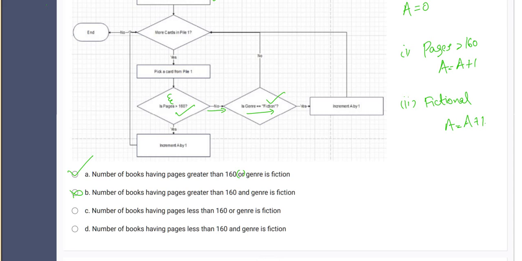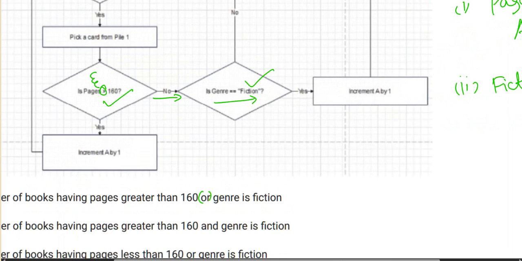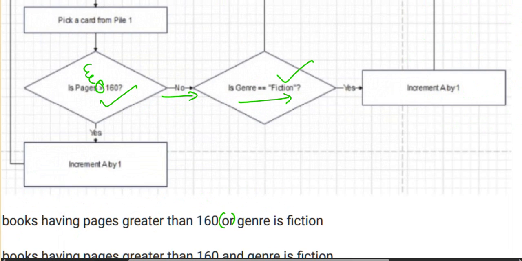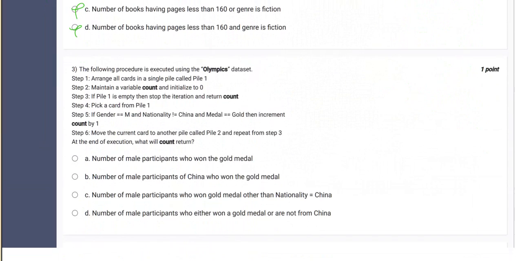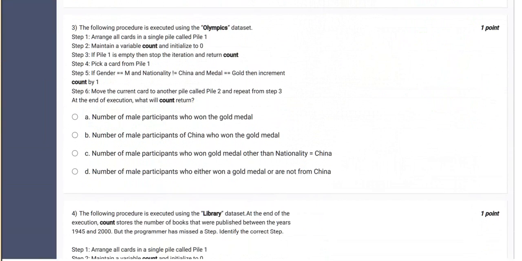Number of books having pages less than, no. Having less than, no. Because here we are checking only for greater than. Right, this is greater than symbol, right? So the correct answer is A for second question.